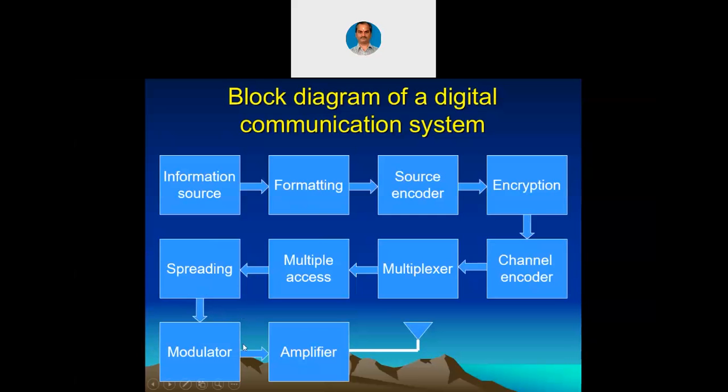Next we have the modulator. See, till spreading, the information remains in the digital form itself, in the binary form itself. All the upper four blocks are going to process the information in the binary form only. Please remember that. But the binary signal cannot travel in free space.